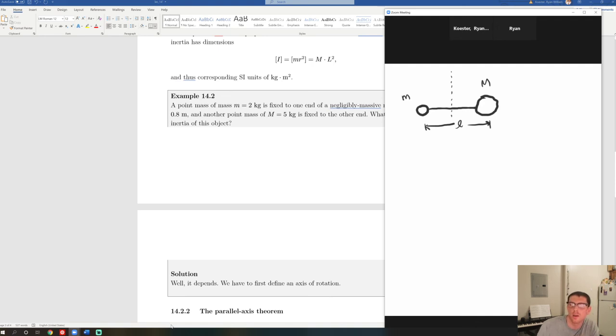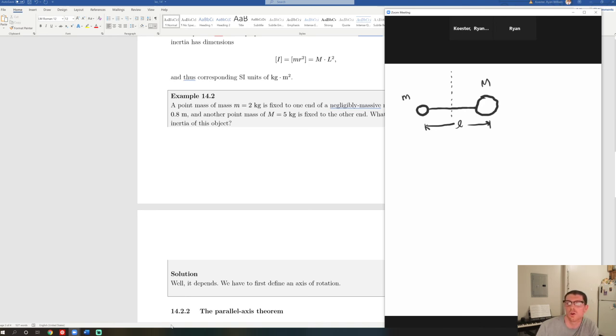Now, if we want to imagine how this thing would spin with this being our axis of rotation, it's actually hard to describe, but it's going to spin around such that both the masses stay at a constant height.